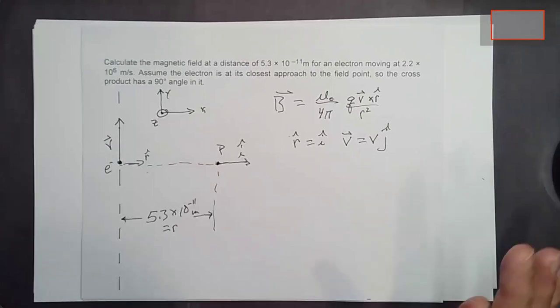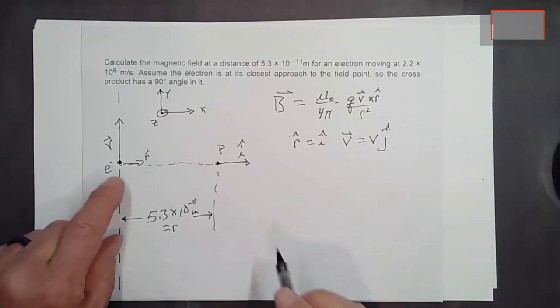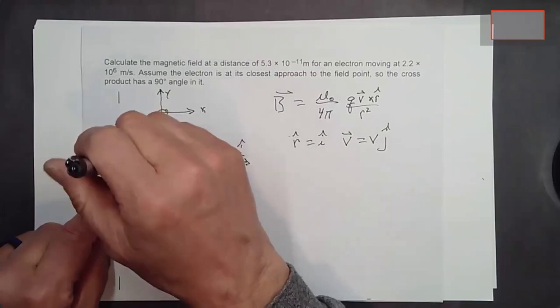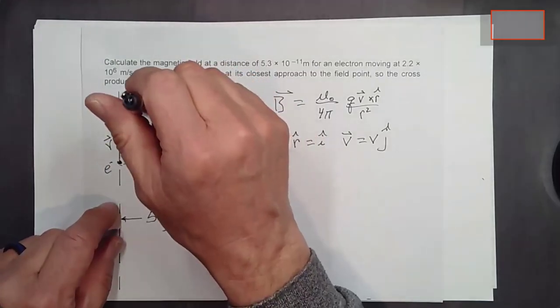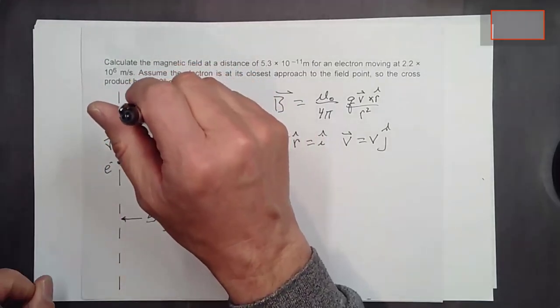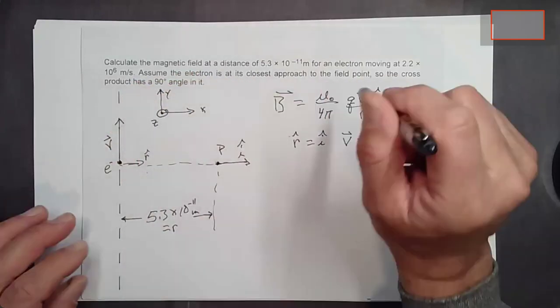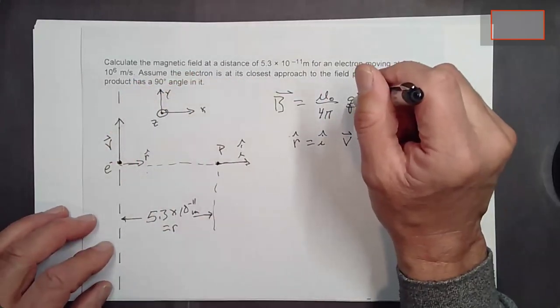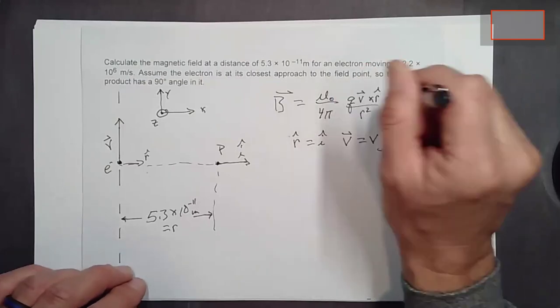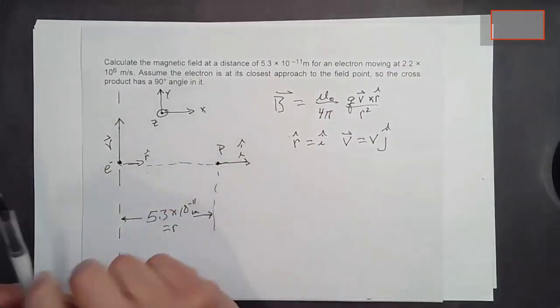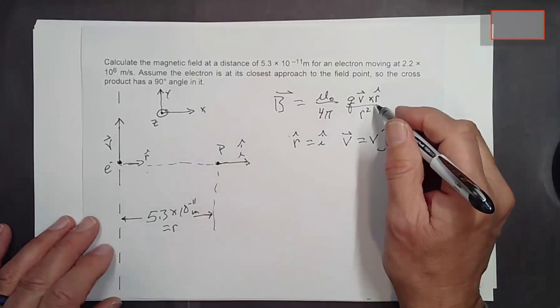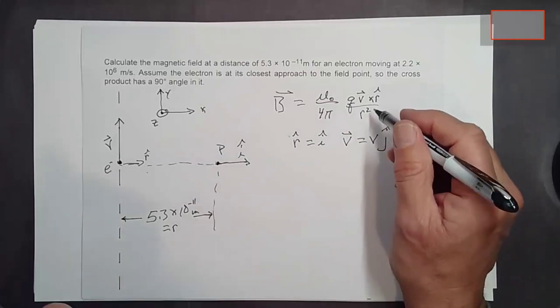And that's a right hand rule. You have to use your right hand. But v cross r hat is going to be into the page. It'll be in the minus z direction, but the charge on an electron is negative. That'll reverse the direction of the cross product and make it point in the z direction.